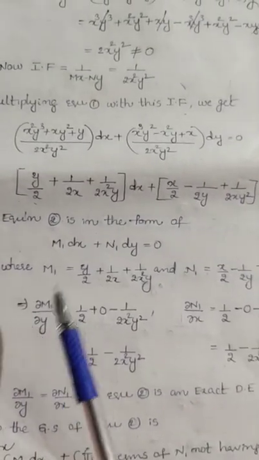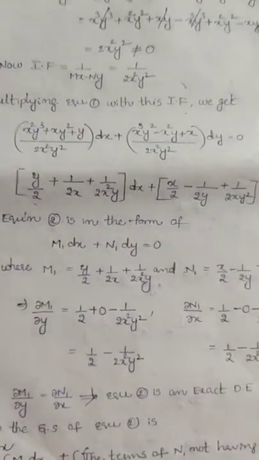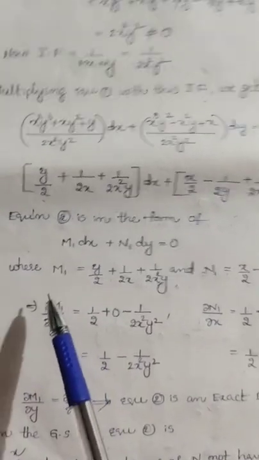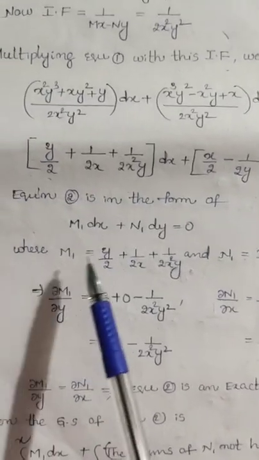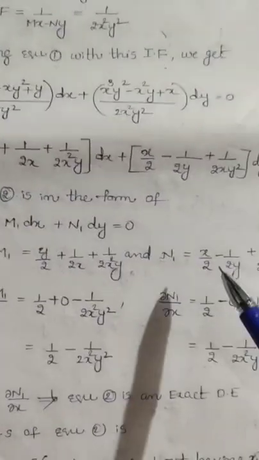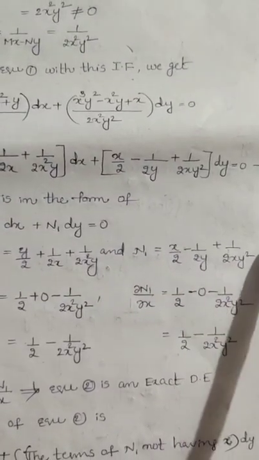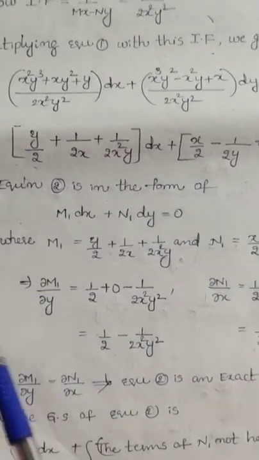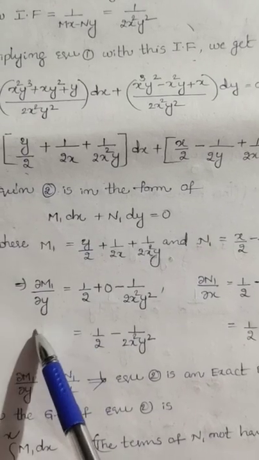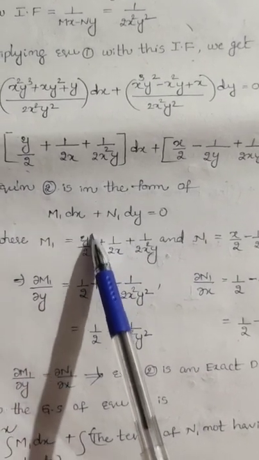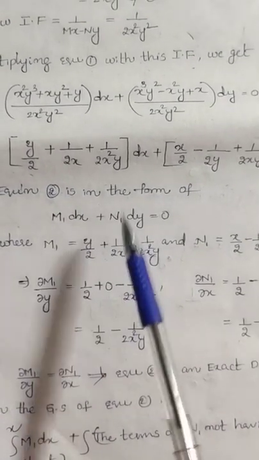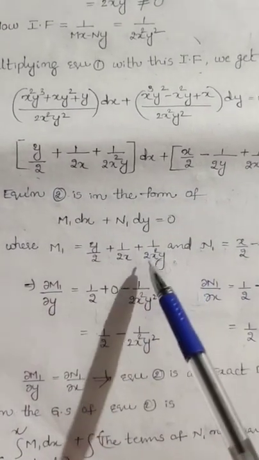Now we have to find the partial derivative of M1 with respect to y and the partial derivative of N1 with respect to x. Here M1 is y/2 plus 1/(2x) plus 1/(2x²y) and N1 is x/2 minus 1/(2y) plus 1/(2xy²). Then ∂M1/∂y: differentiating with respect to y, the derivative of y/2 is 1/2. The term with only x becomes 0.